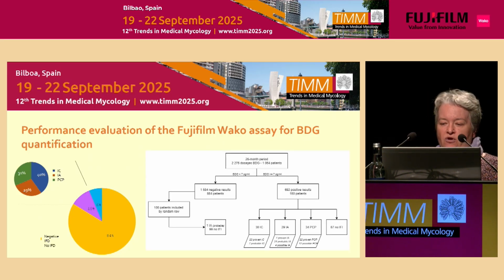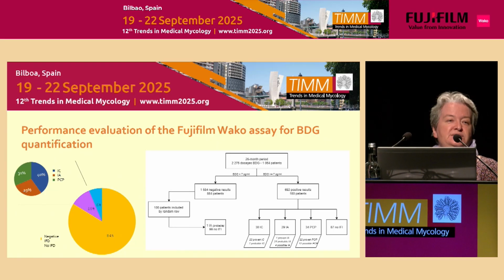The flowchart of this study includes over 1,000 tests performed on more than 1,000 patients over a 26-month period. On one hand, among the 84% of negative results in yellow, we randomly selected 100 patients.